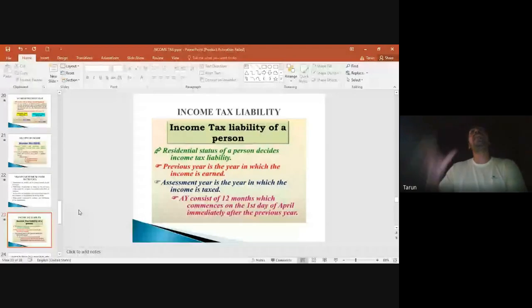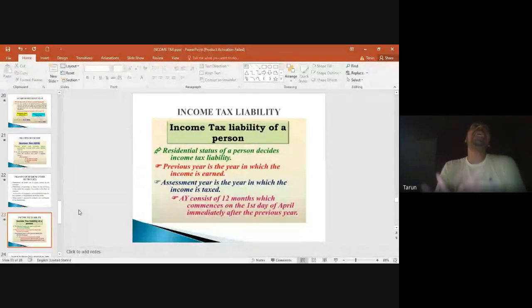Any outstanding taxes which he has hidden while filing income tax, that portion hidden during the calculation of tax from the income, is called income tax liability.